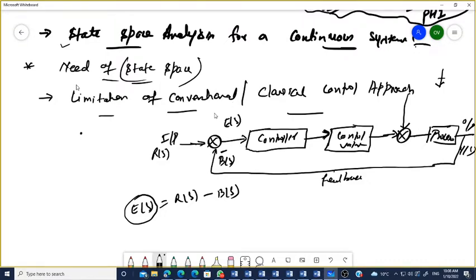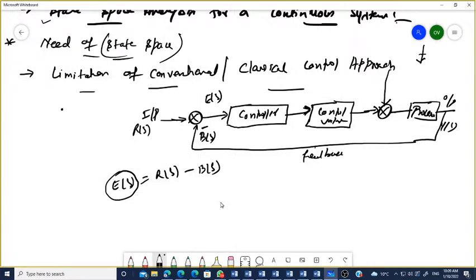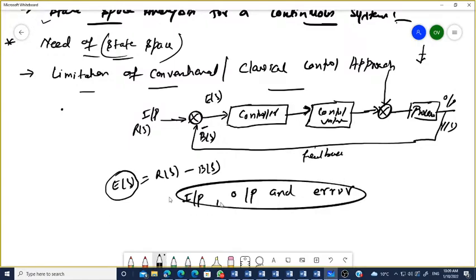So this is the fundamental of any basic classical approach. You can see here the dependency is only on the input, output, and the error. We only consider these things: input, output, error, nothing else.